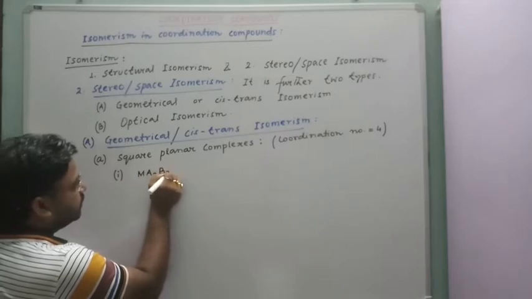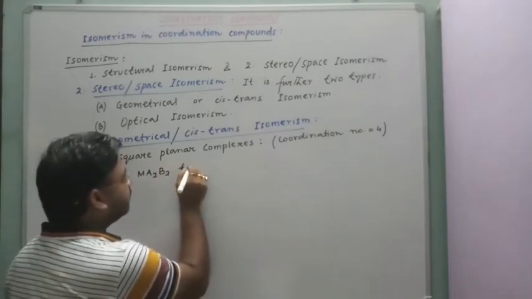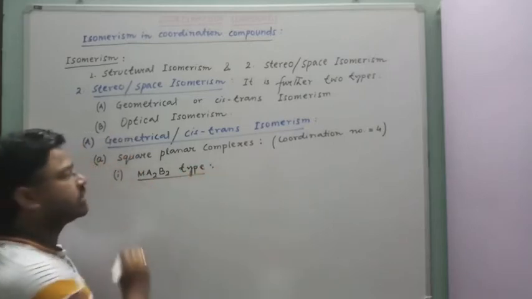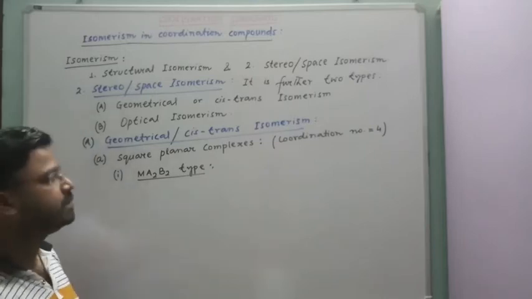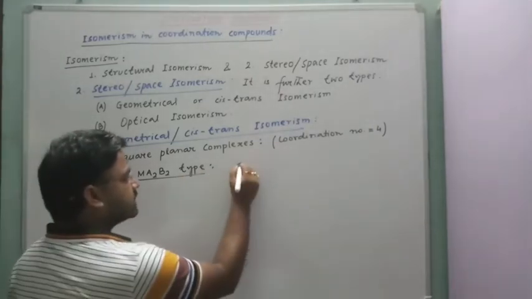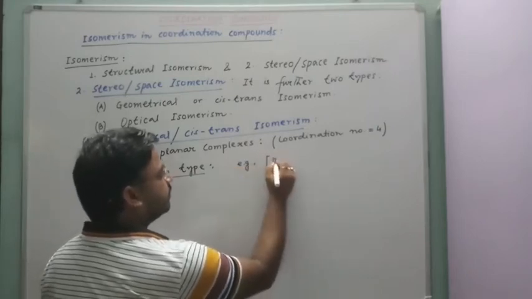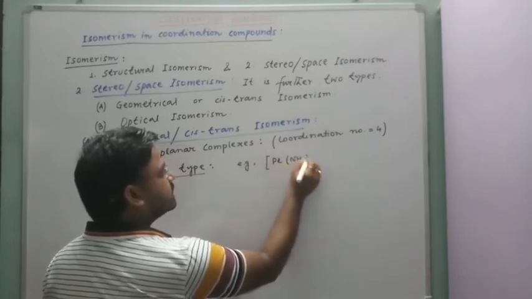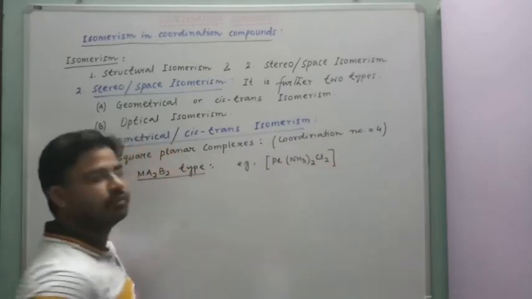So M A2 B2 type. So here M is the central atom, A and B, these are ligands. So M A2 B2 type. Say example, [Pt(NH3)2Cl2].